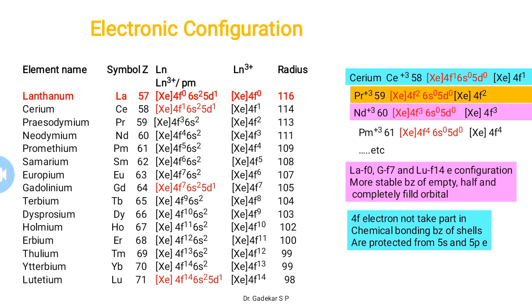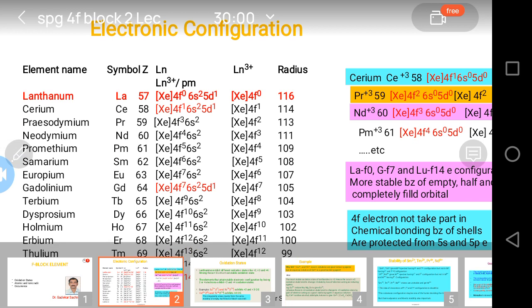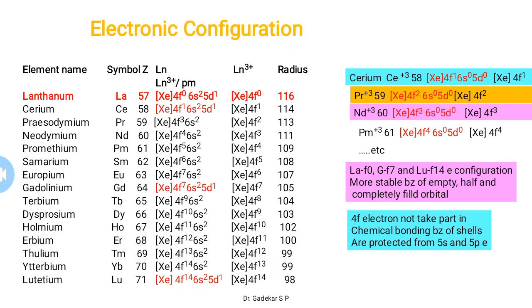Empty means f0, half filled f7, and completely filled means f14 electrons.